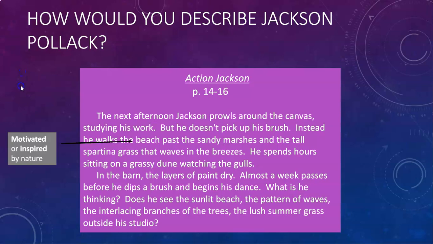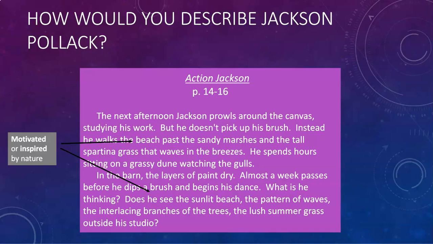It says that he takes walks on the beach. It also asks what he's thinking. Does he see the sunlit beach, the pattern of waves, the interlacing branches of the trees? So I think he's motivated or inspired by nature, but I do not see either one of those words in the text. Okay? How else could we further describe him?